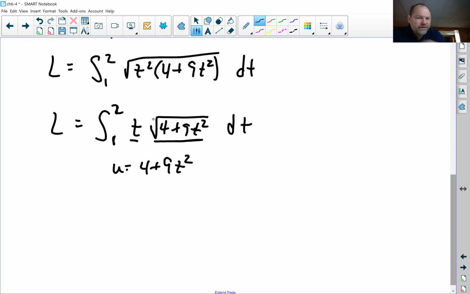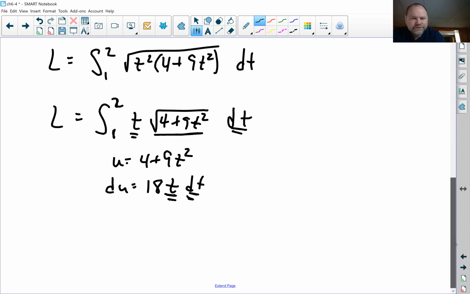So our u is going to be our part underneath the square root. The derivative is 18t dt. I have the t and the dt. So I'm going to divide by 18 here and get 1 over 18 du is equal to t dt.